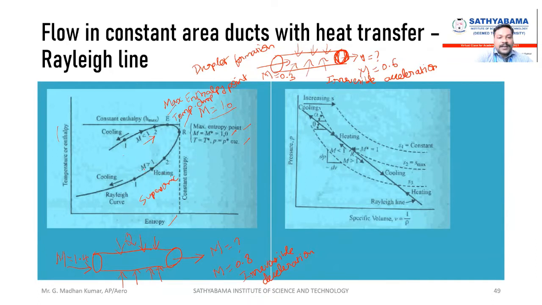Mach number greater than 1 is supersonic. So for this supersonic stage, for the same 1 to 2, your Mach number decreases and it ends at the critical point, M equal to 1. Right? On cooling, what happens? On cooling, in supersonic flow, the Mach number increases. And on cooling, for subsonic flow, the Mach number decreases. So this is the difference between the addition of heating or cooling.